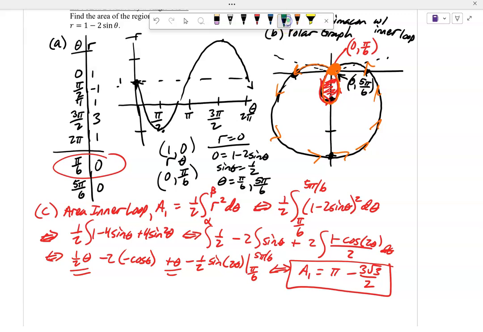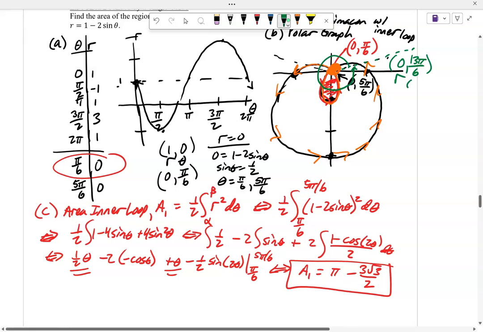Well, when I have that angle again, I go around to that angle pi/6 plus 2pi, so at 13pi/6, I'm back at 0. So for this outer loop, I want to go from pi/6 to 13pi/6, and that would give me the area there.